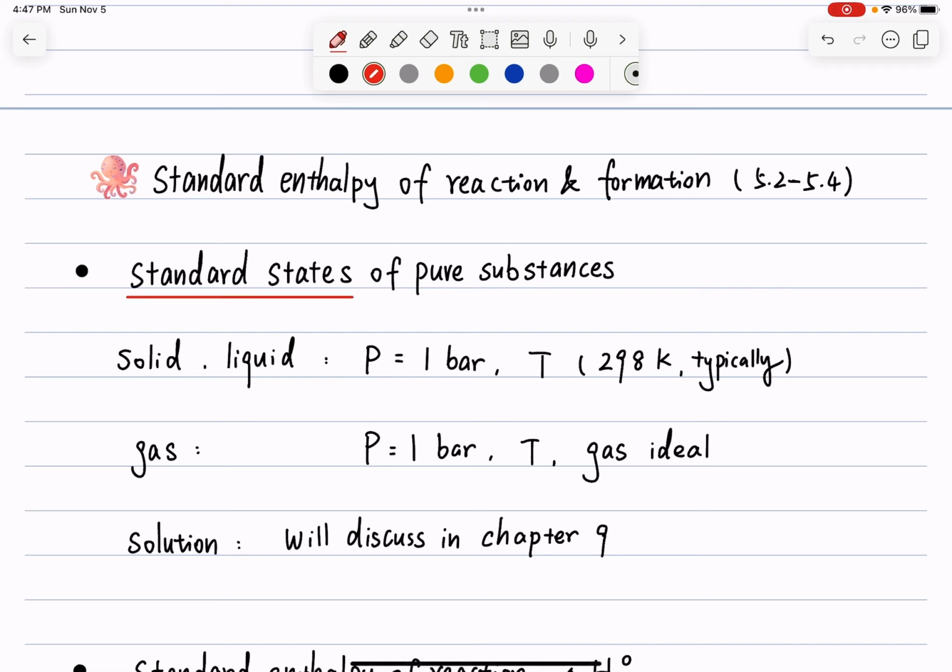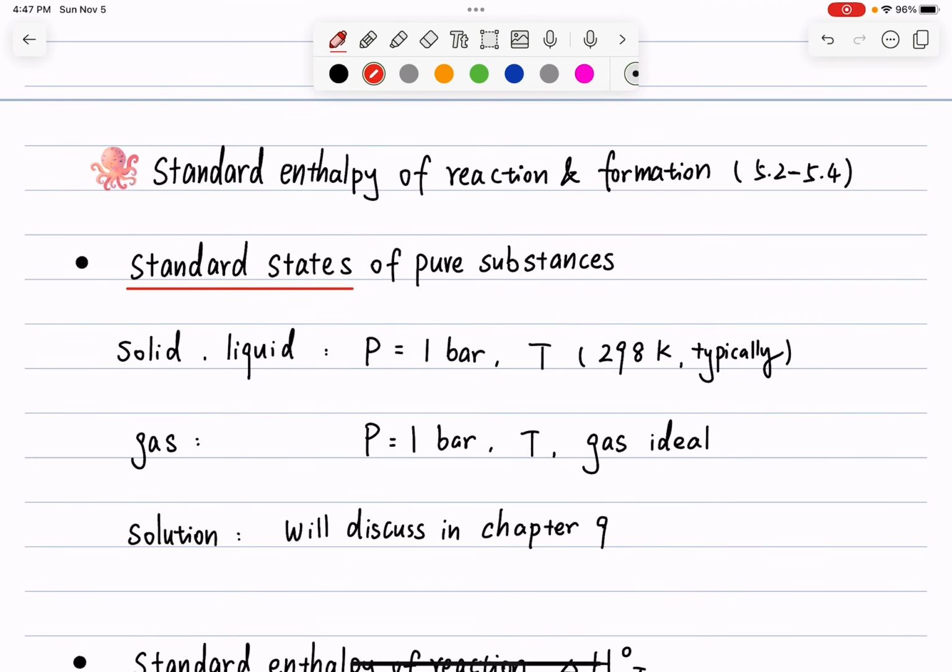So when we are saying some substance is in its standard state, what we mean is, for solid and for liquid, the pressure is at 1 bar. The temperature is typically at 298 Kelvin.